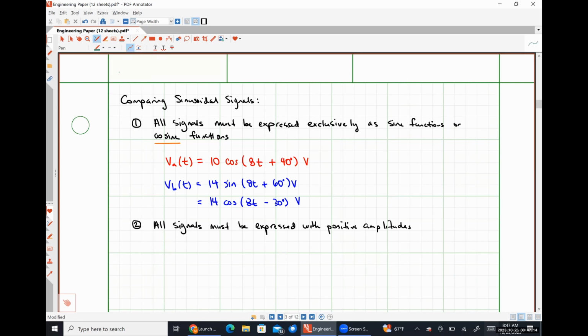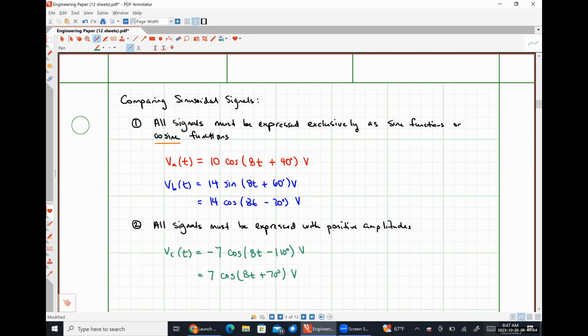So if I had a third function that was VC of t is equal to -7 cosine 8t minus 110 degrees volts. I could express this as 7 cosine of 8t plus 70 degrees volts by shifting this signal exactly 180 degrees.